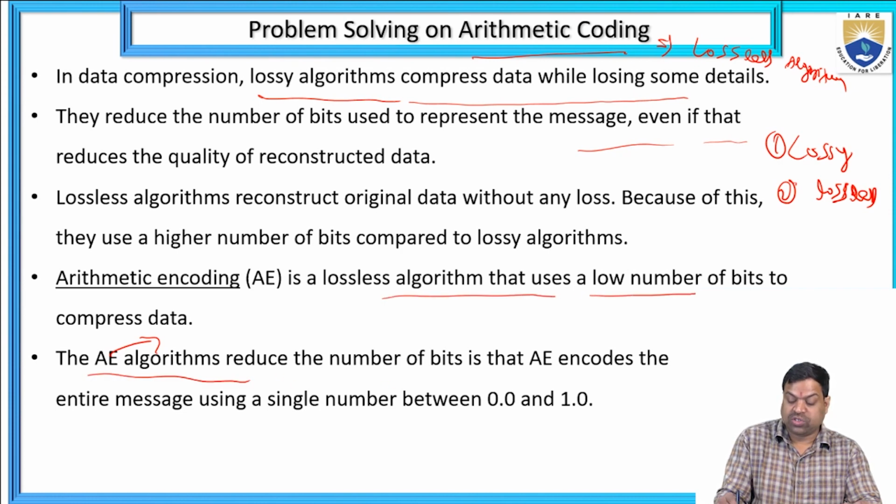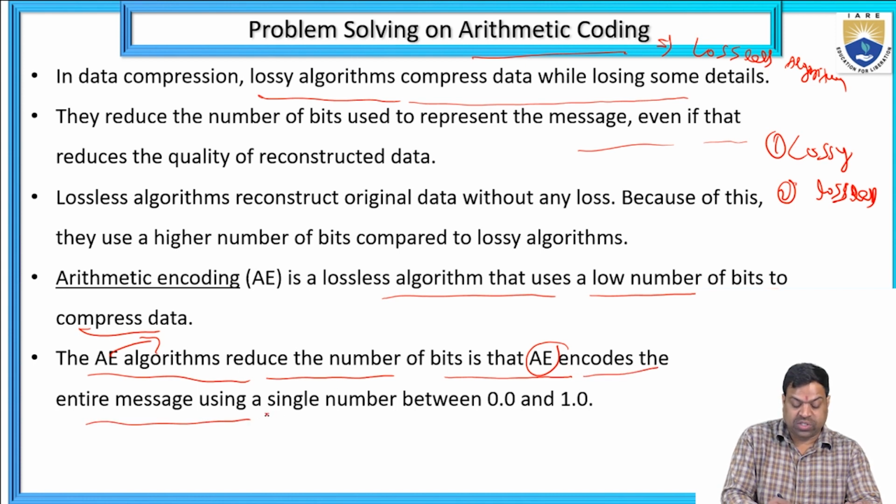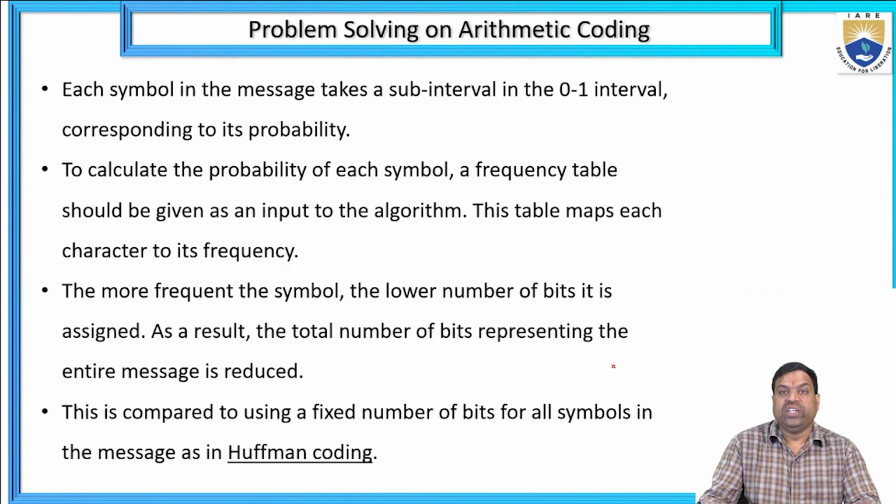It is a lossless algorithm that uses a lower number of bits to compress data, and the AE algorithm reduces the number of bits. AE, arithmetic encoding, encodes the entire message using a single number between 0.0 and 1.0. Each symbol in the message takes a subinterval in the 0 to 1 interval, corresponding to its probability.